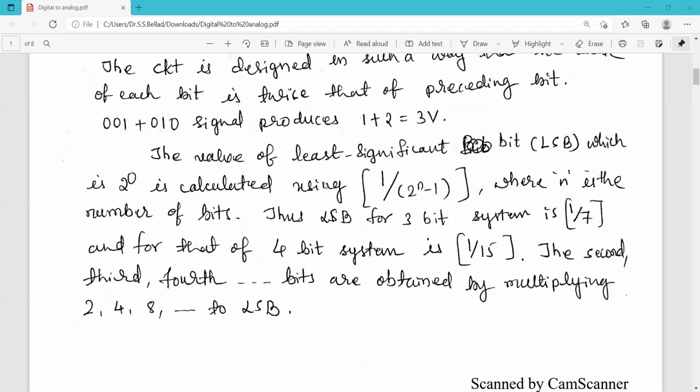So how to calculate the value of the least significant bit, which is 2 raised to 0? For that we use this formula: 1 divided by 2 raised to n minus 1, where n is the number of bits. Thus LSB for a 3-bit system is 1 by 7. For a 3-bit system, n is equal to 3, 2 raised to 3 is 8, 8 minus 1 is 7, so it is 1 by 7.